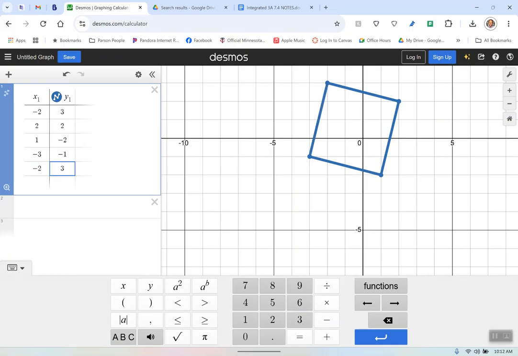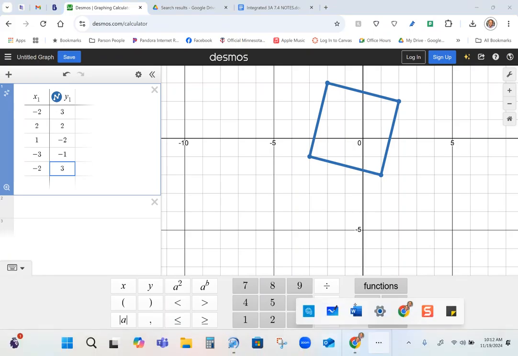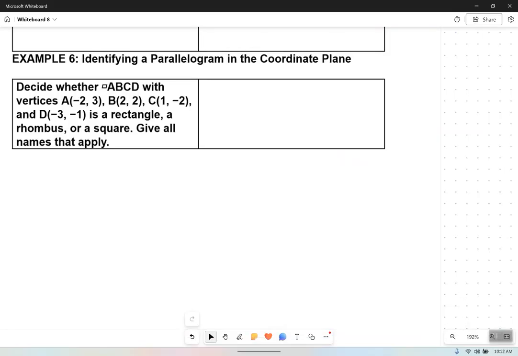Kids, clearly that looks like a what? Square. And if it's a square, it's also a what? If it's a square, it's also a rhombus and a what? Rectangle. So it's a square, a rhombus, and a what? I'm just going to write in here by decimals.